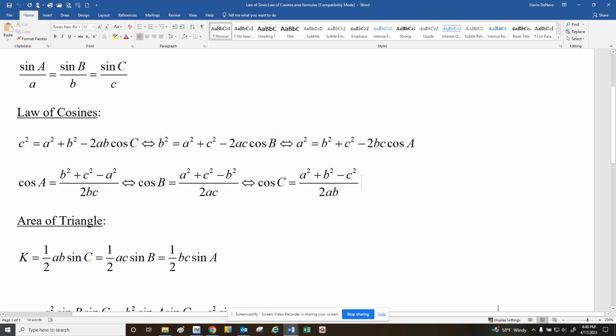You can see a pattern here. c squared equals a squared plus b squared minus 2ab cosine C. If instead you wanted to find side b, you would use this version. If instead you wanted to find side a, you would use this version. If you were given three sides, the side side side case, and you wanted one of the angles, you would use one of these versions.